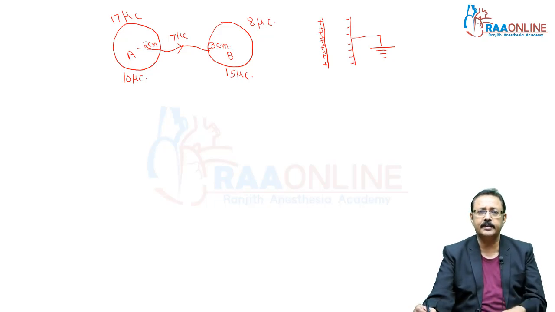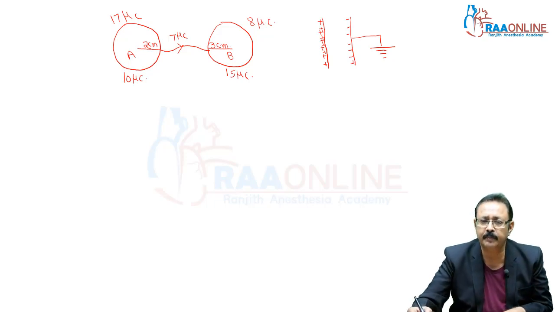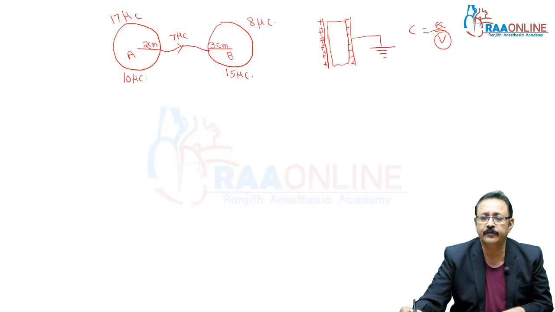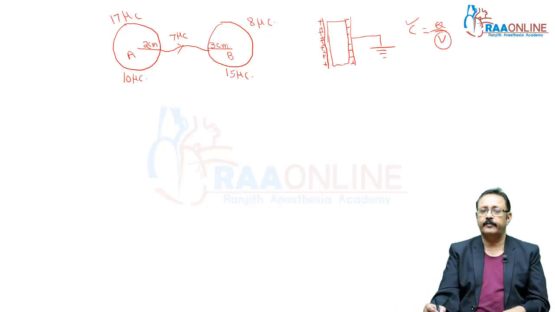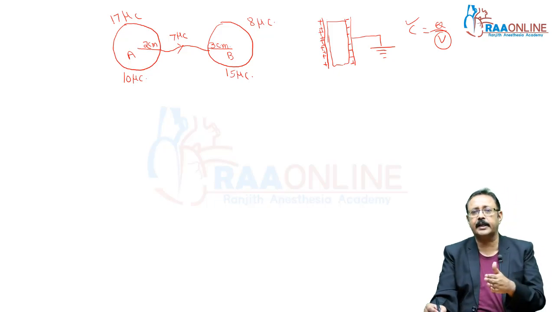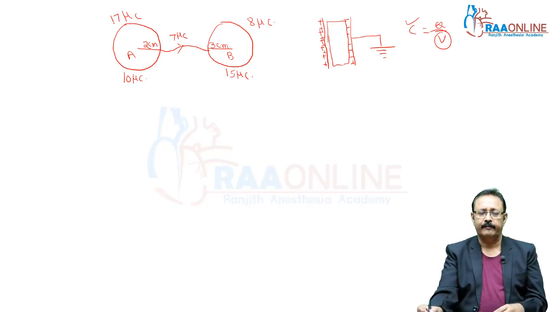If you want to decrease the capacity, again put some dielectric in between the plates. I told you in previous slides, it will reduce the electric field. So in this way it will reduce the potential. C is equals to Q upon V. If you are reducing V, it means further you are increasing C. So in this arrangement, we are able to increase the capacity of conductor without touching its shape and size.